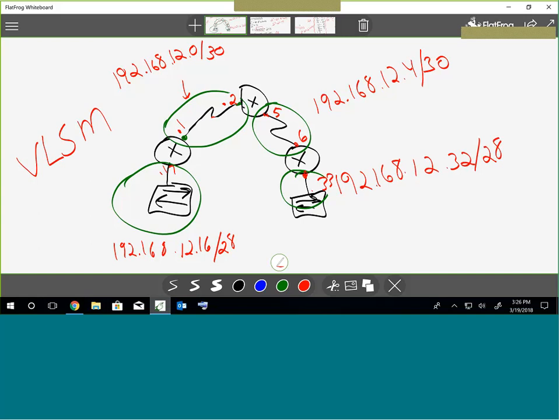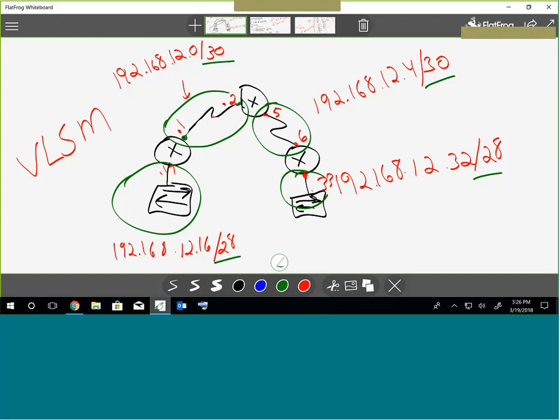If I can figure it out, anybody can figure it out. VLSM means exactly what I'm saying: you have different subnet masks on the network. What is great about VLSM is we can subnet our IP addresses to match the topology and have the least amount of waste. Very, very important for our networks.